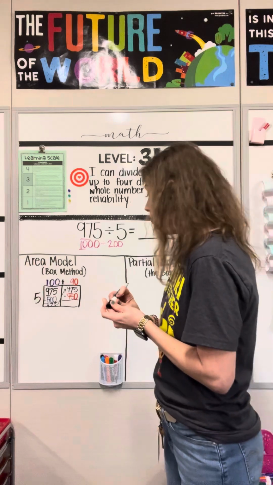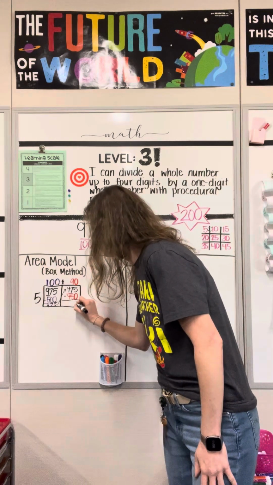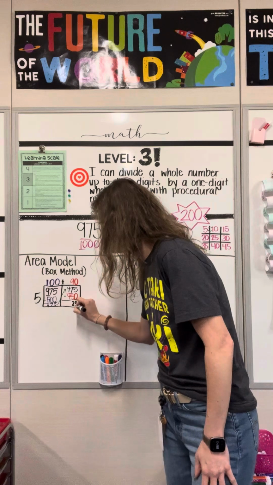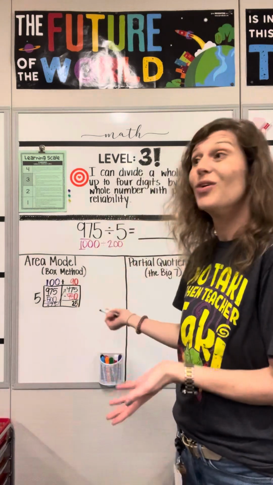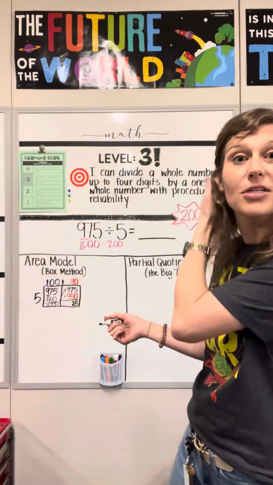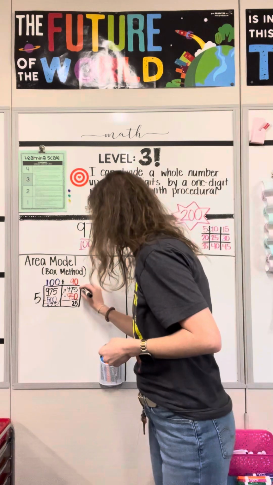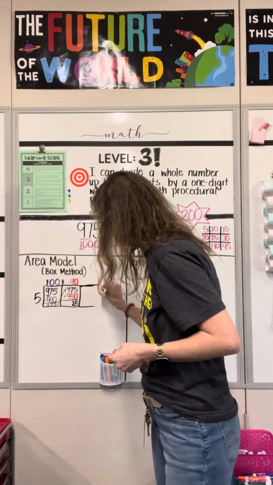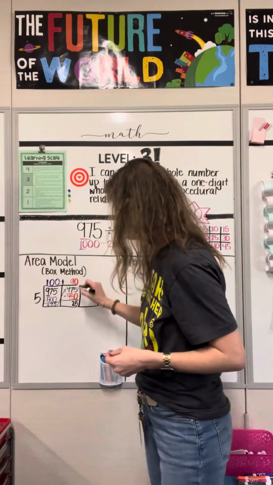So when we do that, we are left with 5 right here. And then 7 minus 5 is 2. And then 4 minus 4 is nothing. So we're getting down to a lot smaller numbers, which is really good. So we do still have some that we can take out. So we're going to draw another box.